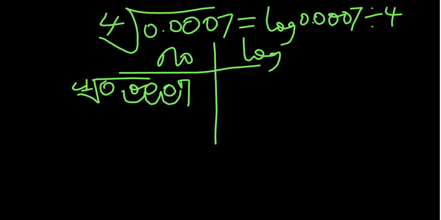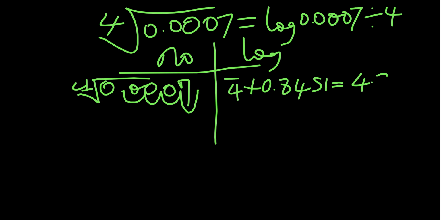So you have 4 here plus, look out for log 7 in your log table, and what you have will be 0.8451. If you combine these two, you're going to get 4.8451.